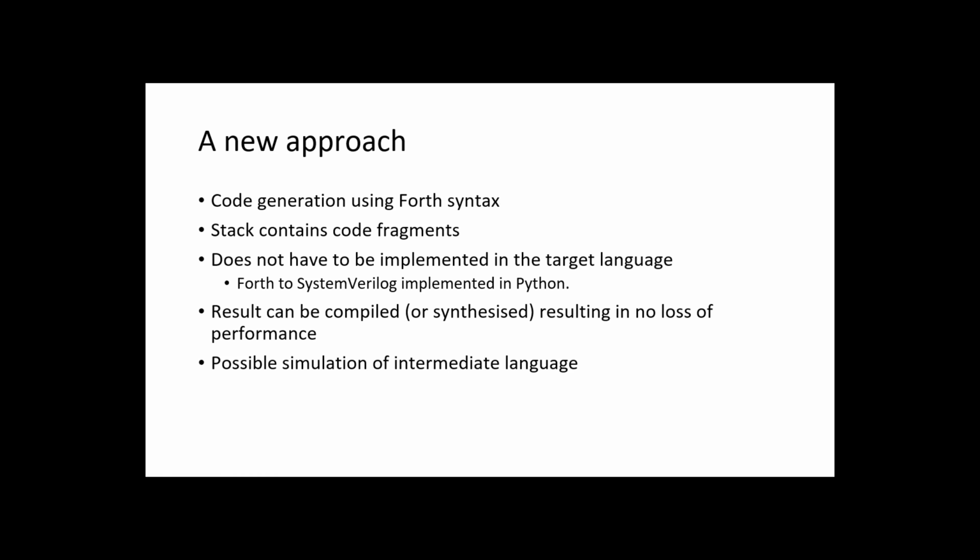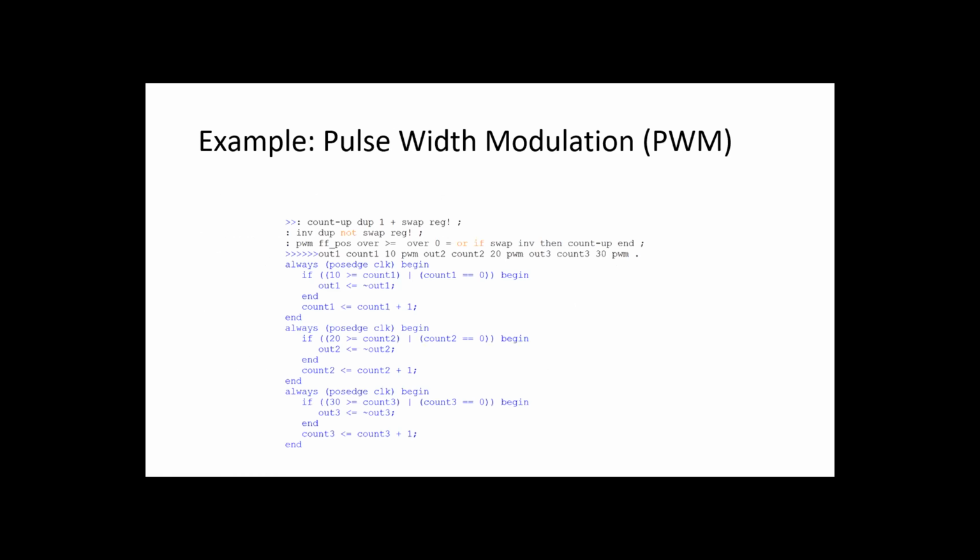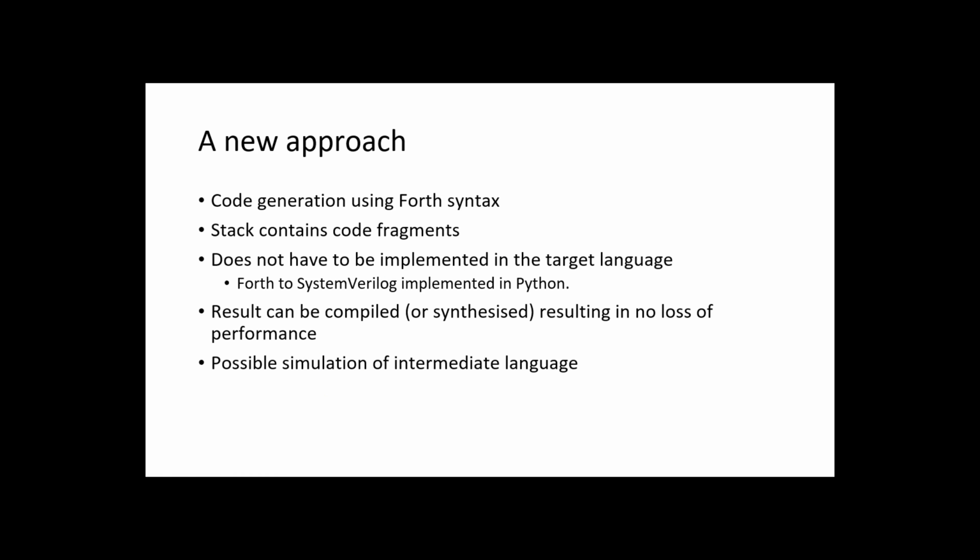Of course, the disadvantage is you don't get that interactivity with the running program. But this was appropriate for hardware design, where you don't really interactively configure hardware as you go along. And one more point is that a good thing about this approach as well is that you can possibly simulate the intermediate language. So you might be able to write a simulator.